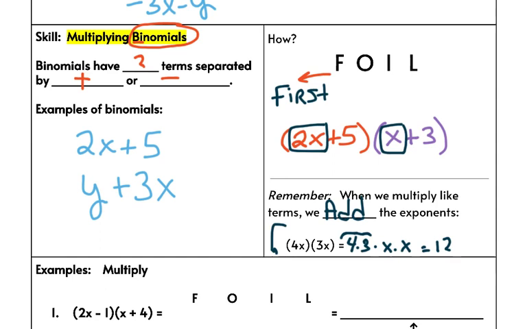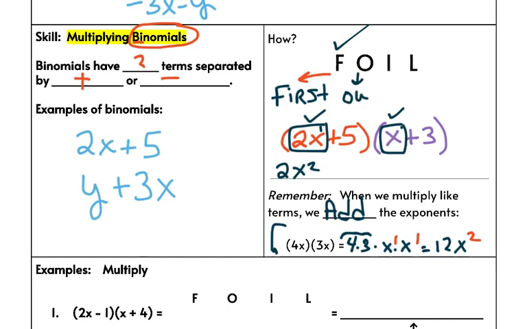And then when we do x to the first times x to the first, we add those exponents to get x to the second. A lot of people think x times x is 2x, and it's not. It's x squared. So back up to our foiling our first terms. We would do 2x times x, so number first, and as I said, x to the first times x to the first is x to the second. So we're now done with our firsts.